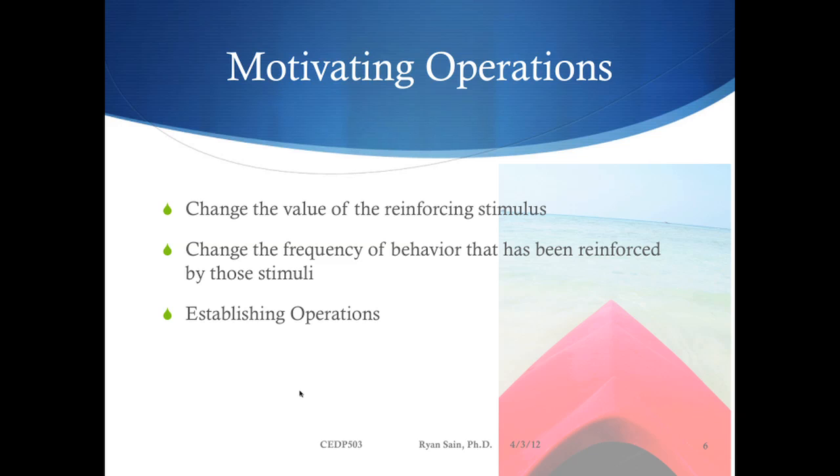So if you always have your treats, then they're not going to be as valuable to you. So an establishing operation is about making something more valuable. The easiest way to do that is withhold access to that thing. Right? We're going to come back and hit this issue when we talk about self-management, because that's the real problem with self-management, is really managing your motivating operations and managing your access to your reinforcers.